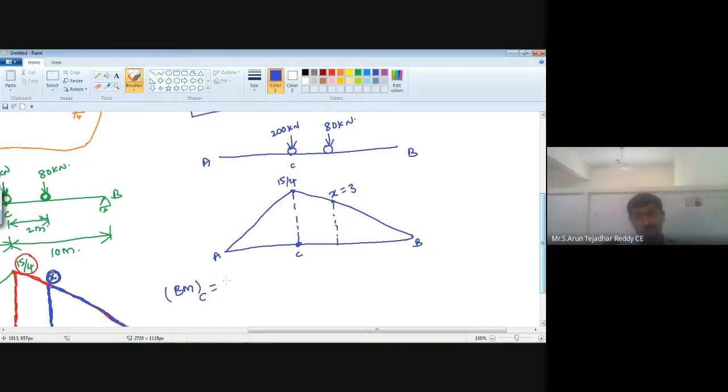Very simple formula. If it is a point load, then it is very easy. What is the formula? Load into ordinate. That's it. Here the first load is 200, it should be multiplied with the ordinate, which is 15 by 4.